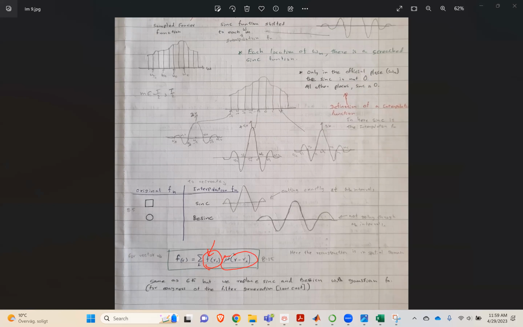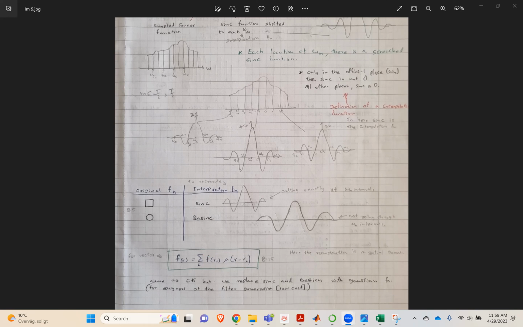So we will not take the Fourier to recreate the image. When you have these discrete values, you can directly take the interpolation function and recreate the image. But this equation in 8.15 is the same, just with different letters, because the above one is proven in the Fourier domain. Then only we took it into here.